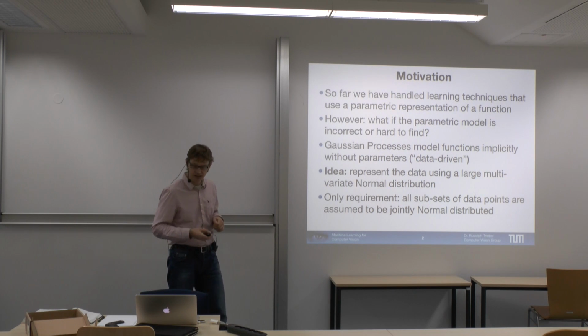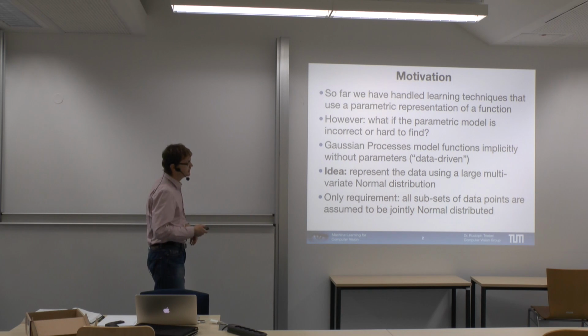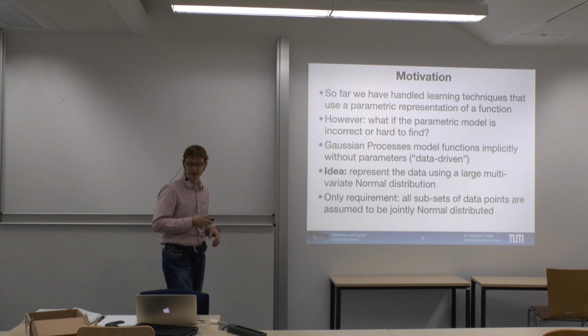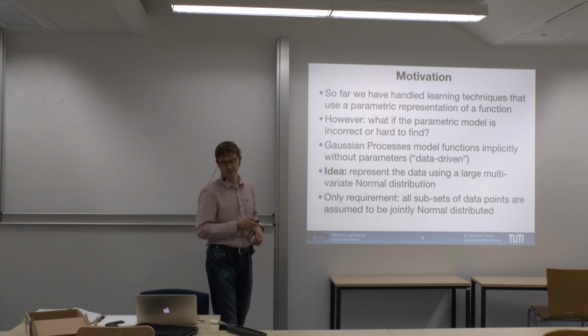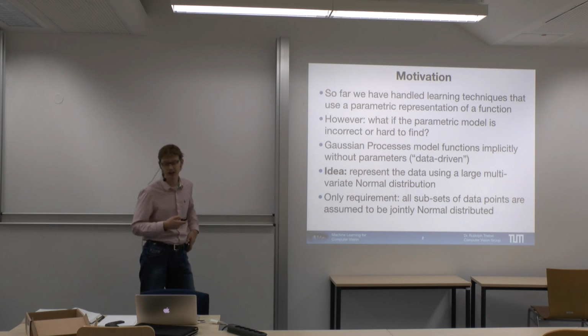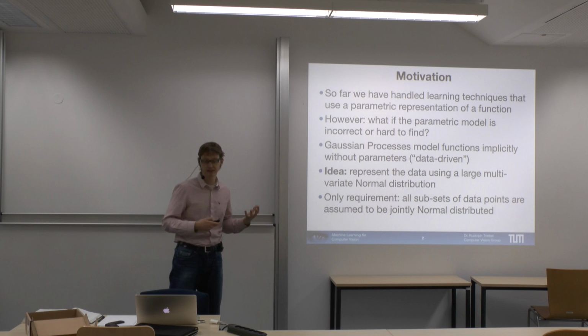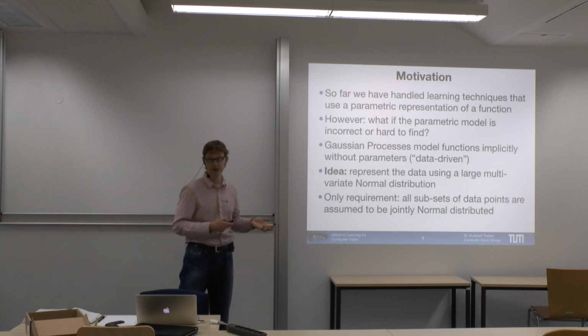This correlation is reflected in the covariance matrix. The only requirement that we state here is that any given subset of our data is assumed to follow a joint normal distribution, which is kind of intuitive, right? If we can't assume anything else, then assuming things are Gaussian is not a bad thing to do.